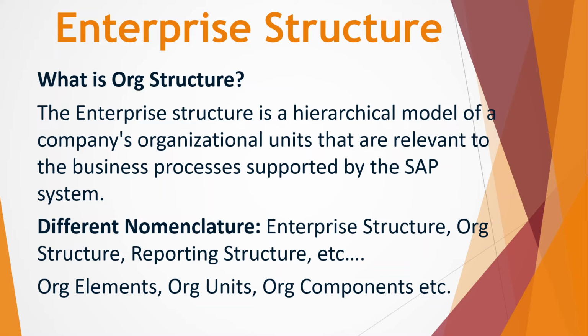It represents the company's organizational units that are relevant for the business processes supported by the SAP system. Remember, this org structure is not created outside the SAP system, rather it is created within the SAP system. People sometimes get confused by the generic terms mentioned here. Org structure does not mean that it is created outside the system. It is created well within the SAP system.